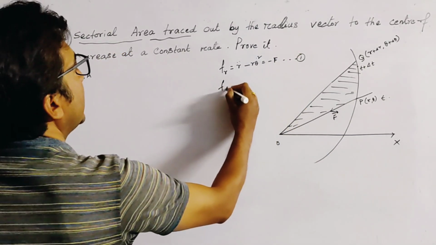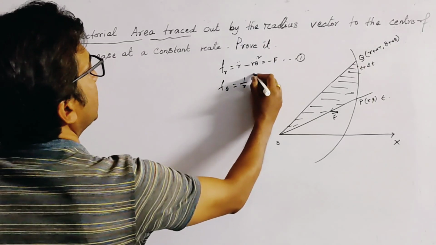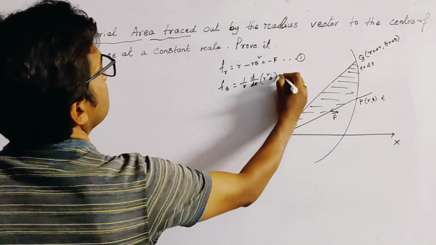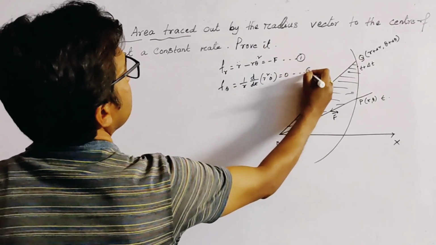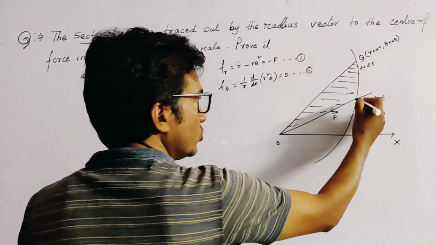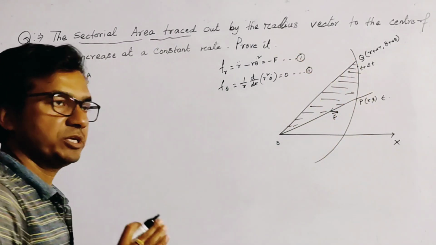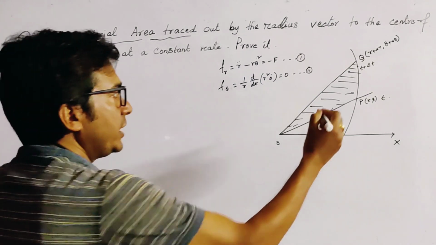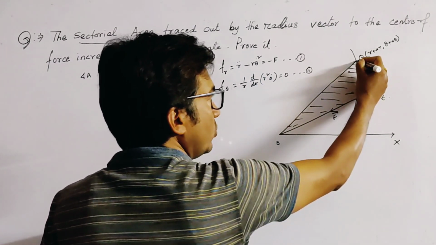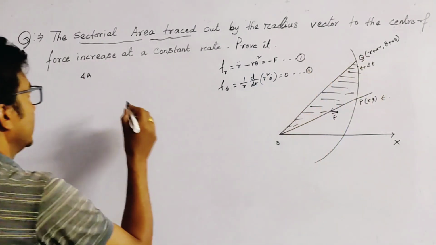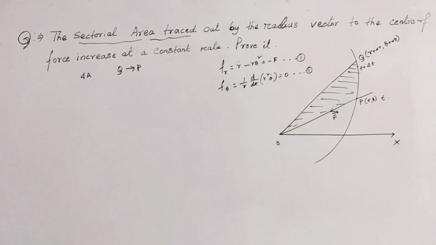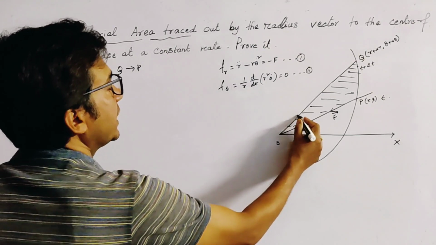And F theta is 1 by r d/dt of r square theta dot, equal to 0. This is the second equation, because there is no force perpendicular to the radius vector OP.